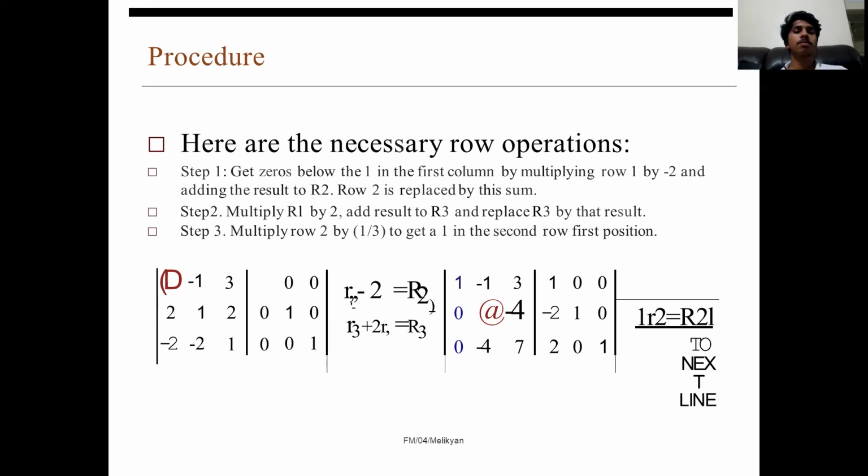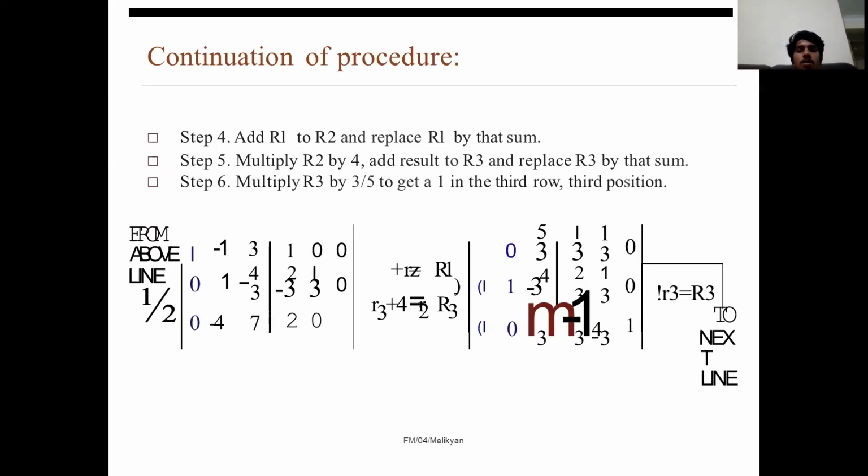Step 3. Multiply row 2 by 1/3 to get a 1 in the second row, second position. You can see this. Step 4. Add R2 to R1 and replace R1 by that sum. Step 5. Multiply R2 by 4, add the result to R3 and replace R3 by that sum.